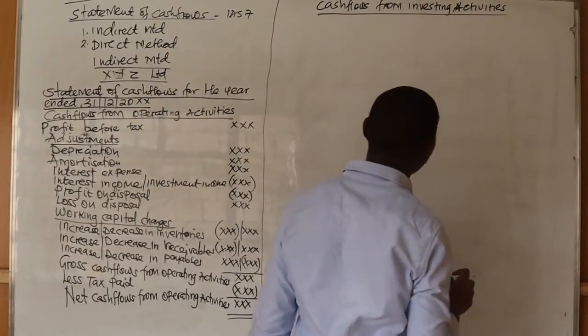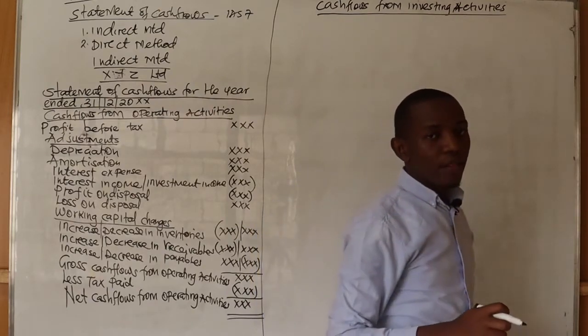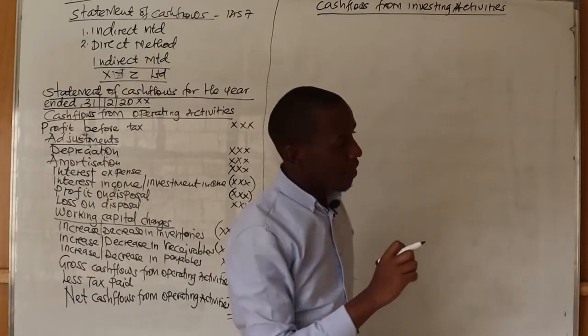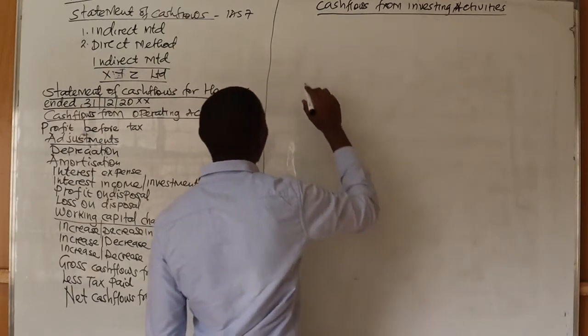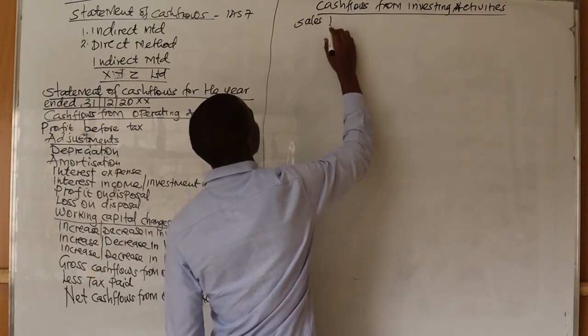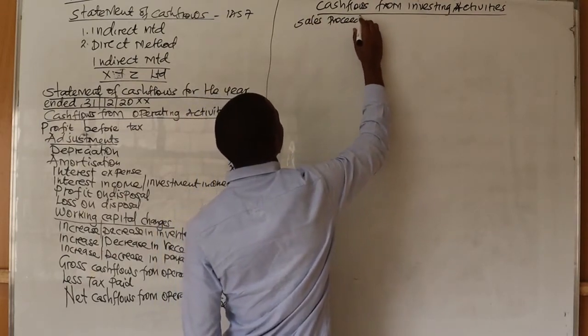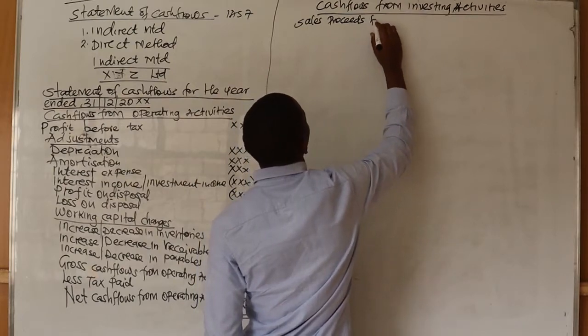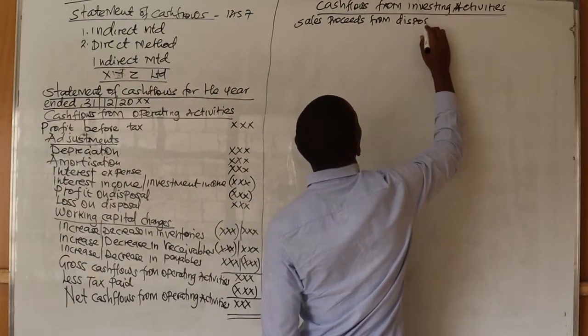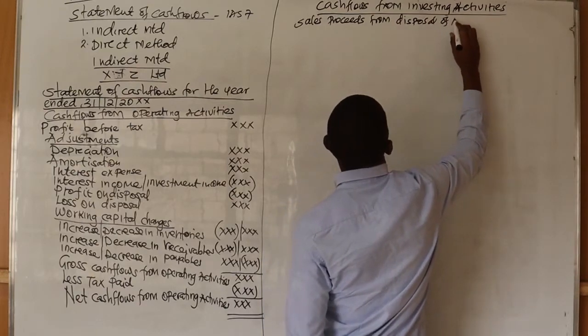Cash flows from investing activities, as I've said, are the ones that deal with capital expenditure. And in this case, we will have the sales proceeds from disposal of assets.